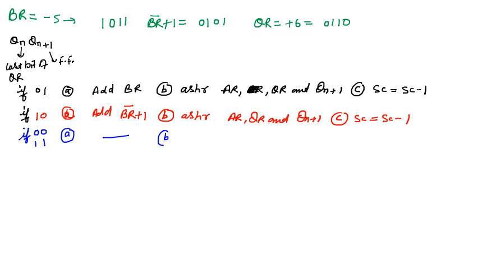We'll directly perform the second step, and that will be arithmetic shift right AR QR and Qn plus 1. And in the last, we'll reduce the counter by 1. So hope you are getting what kind of steps we are going to follow in this algorithm. Hope you will remember these steps.